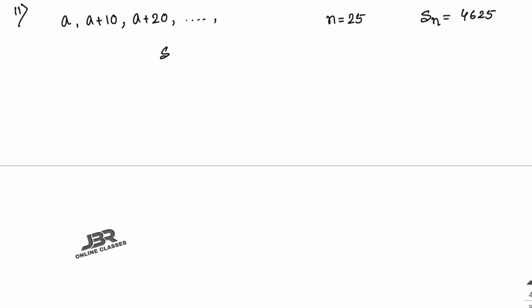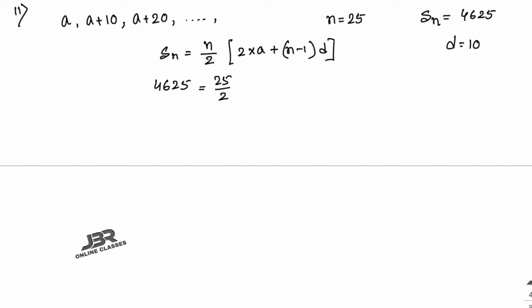Okay, so you know the formula of Sn, that is n by 2 into 2A plus n minus 1 into D. D means 10, the common difference. So 4625 equals 25 by 2 into 2A plus 25 minus 1, so it's 24, and D here 10. So first you have to divide 4625 by 25, it's 185.